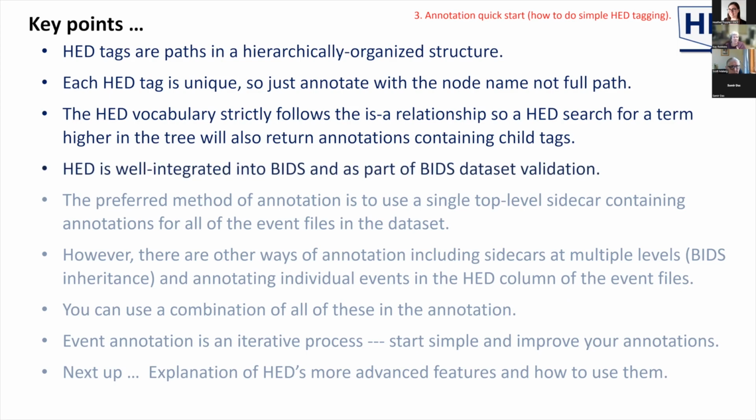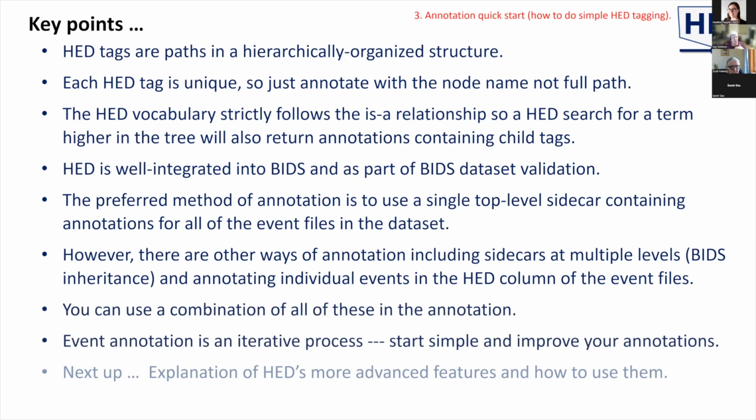HED is well integrated into BIDS, and if you're going to use HED annotation, which hopefully you will, the preferred method is to use a single top-level sidecar containing the annotations. But you can use sidecars at multiple levels if necessary, and you can annotate individual events in the HED column, and the assemble tools take it all into account to produce a complete annotation.